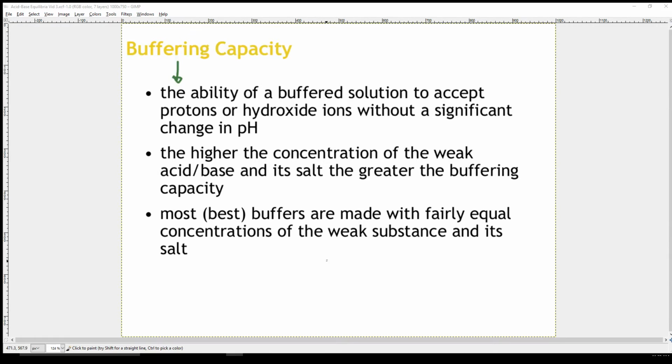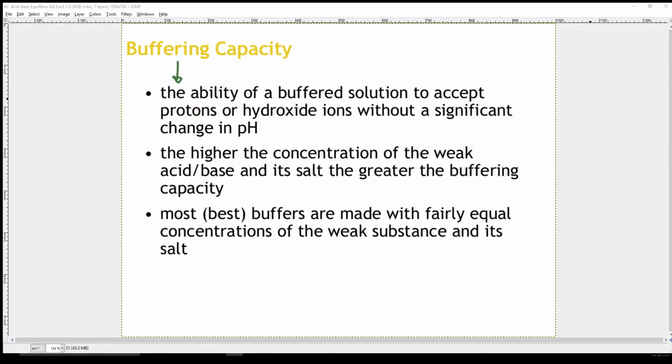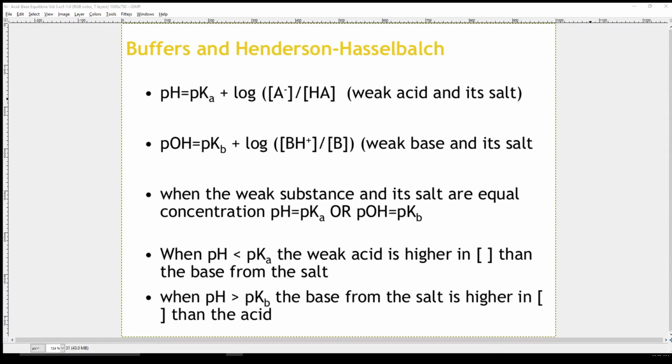So most buffers are made with fairly equal concentrations of your weak substance and its salt. What was our previous example? We'd have fairly equal amounts of acetic acid and its salt, which would provide acetate. So we'd have a whole lot of acetic acid and a whole lot of acetate in a good buffer.